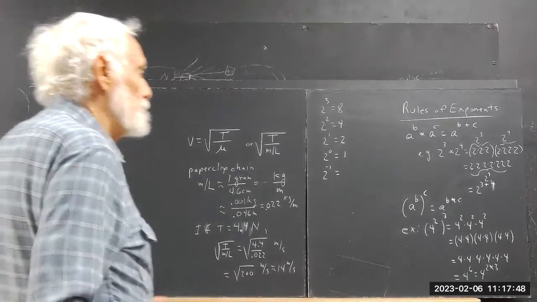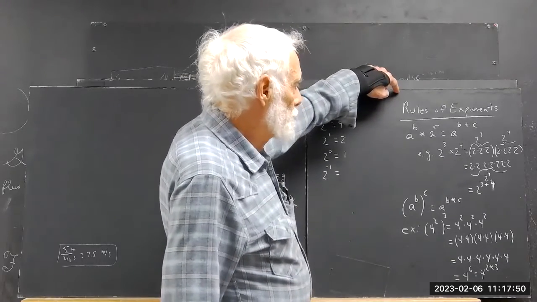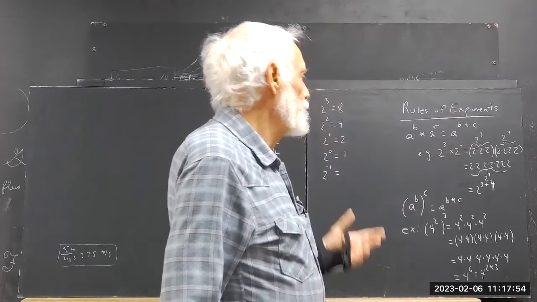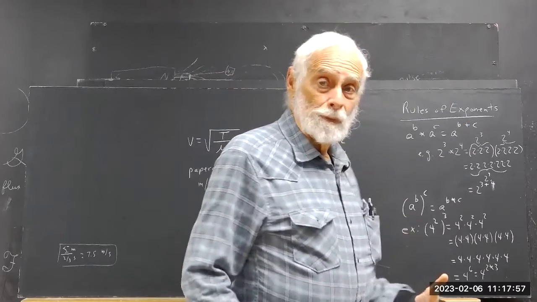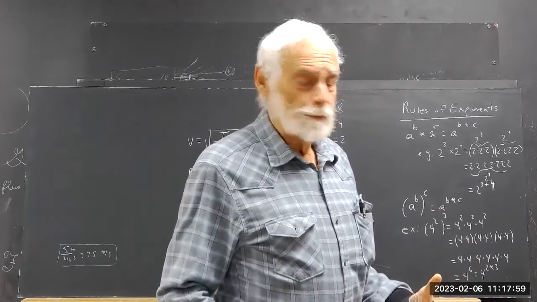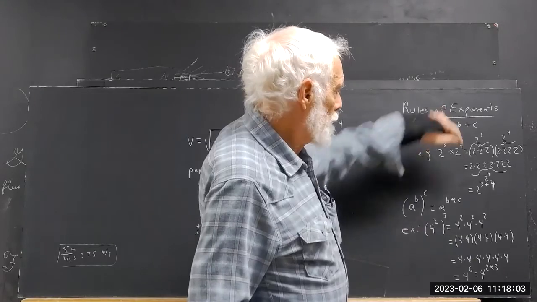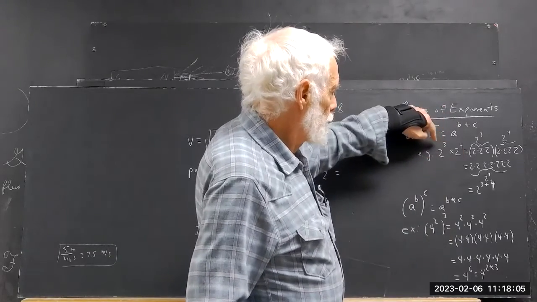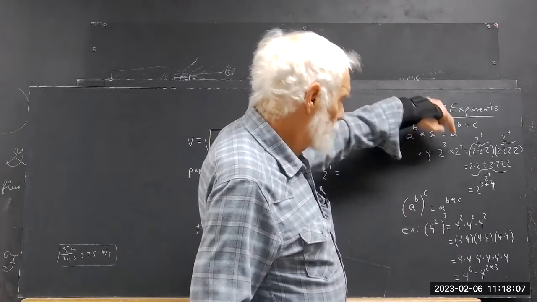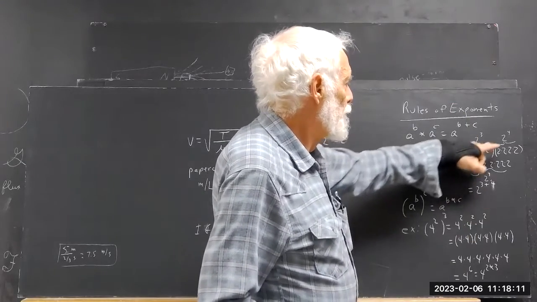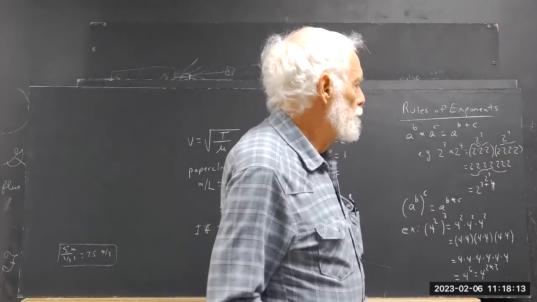Okay, just quickly again. We have the rules of exponents. A to the B times A to the C is A to the B plus C. We can illustrate that and maybe get a convincing example if we do 2 to the third times 2 to the fourth. 2 to the third is 2 times 2 times 2, and 2 to the fourth, you got four 2s.